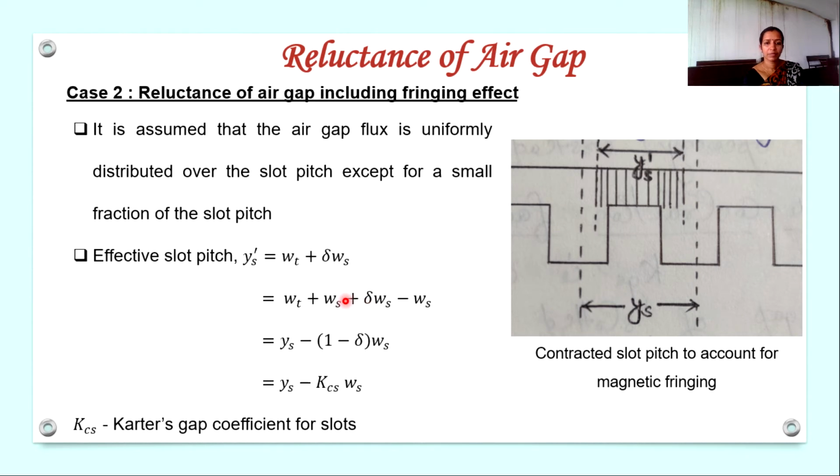And from this term, taking minus (1 minus delta) as constant, it becomes Ys minus (1 minus delta) into Ws. This term (1 minus delta) can be substituted as Kcs, and it is known as Carter's gap coefficient for slots, or simply Carter's coefficient for slots. So Kcs is the Carter's coefficient for slots. So we got the value of the effective slot pitch Ys dash as Ys minus Kcs Ws.